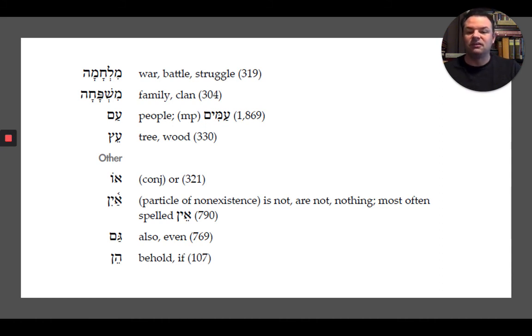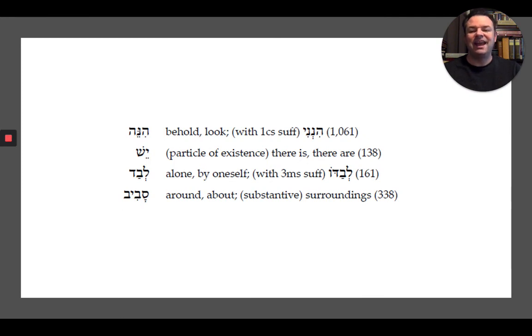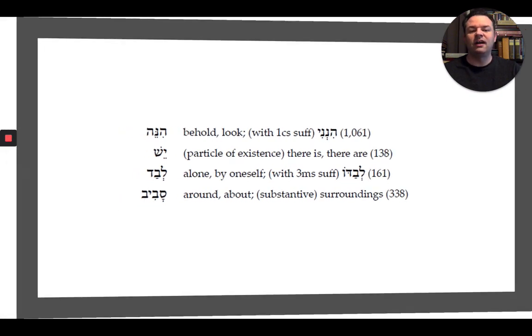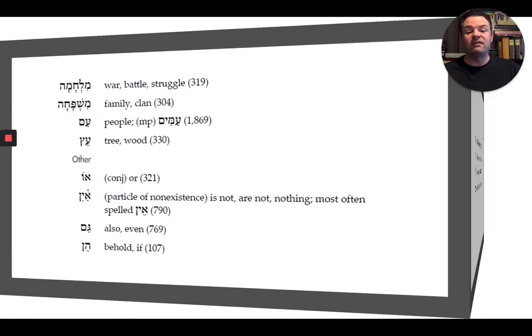So gam is the word for also or even, and then the word hen is behold or if. Also, the word hineh is the word for behold or if. So notice hen is used 107 times.